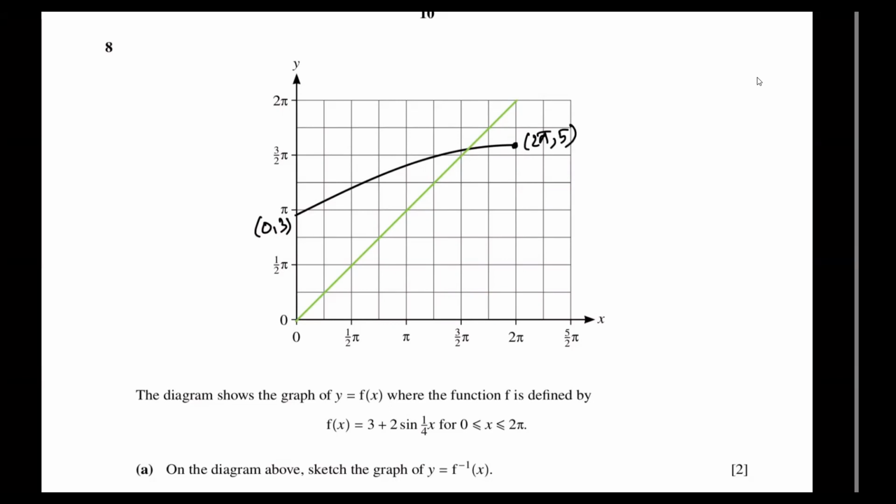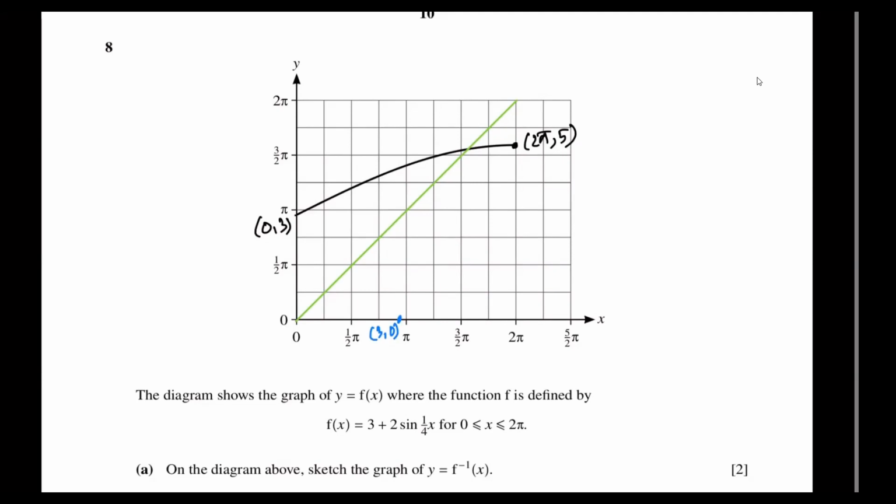Now, in the inverse function, the coordinates will interchange. For this (0, 3), for the inverse function, it will be (3, 0). So (3, 0) is here. And for this (2 pi, 5), it will be (5, 2 pi).